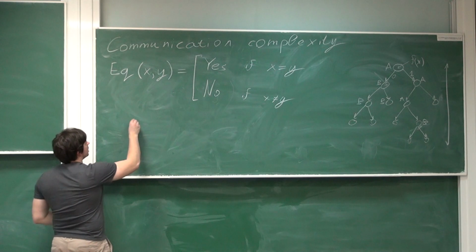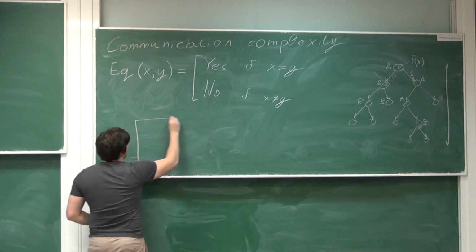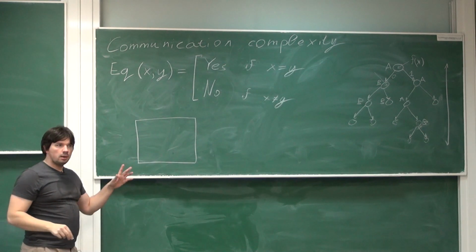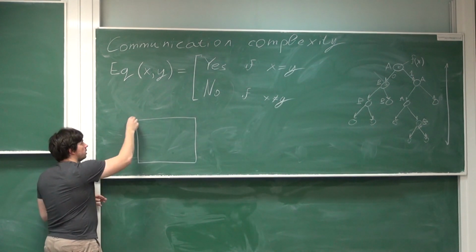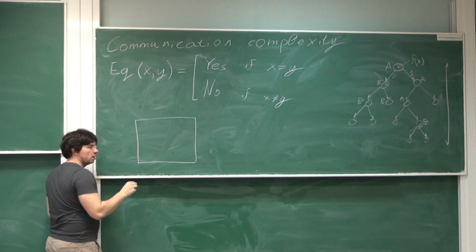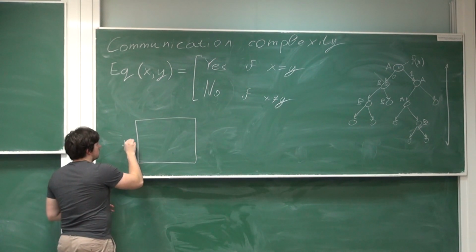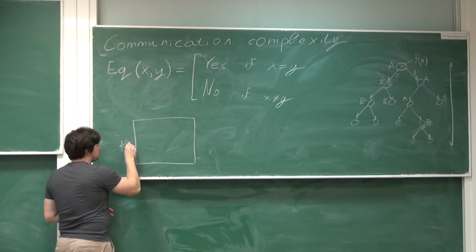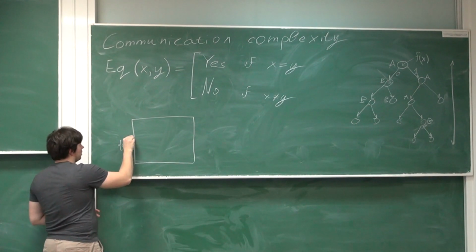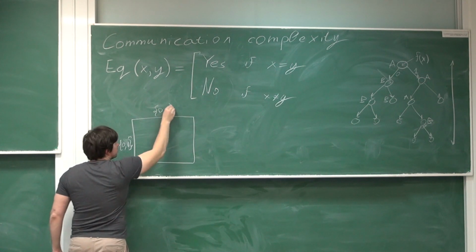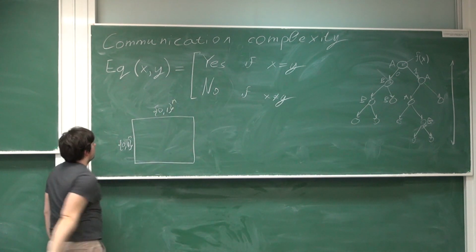So I want you to consider a rectangle where all the rows are bit strings of length n, and all the columns also correspond to bit strings of length n.